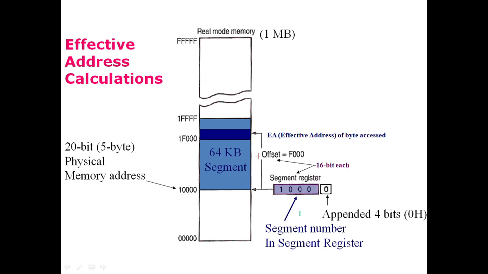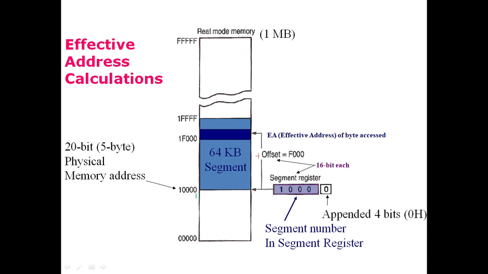After appending a 0 in hexadecimal, this gives us the starting address of the segment in memory. This highlighted shaded area represents a segment, and this becomes the starting address of the segment.